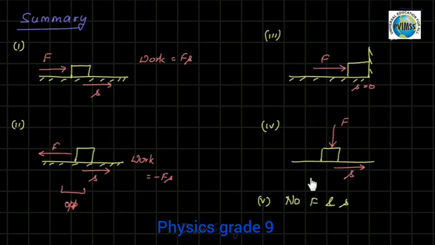In the fourth point, we studied that force is acting downward and displacement is in the forward direction, so work is also equal to 0 here. In the fifth point, there is no force involved and no displacement involved, so work done will be 0.